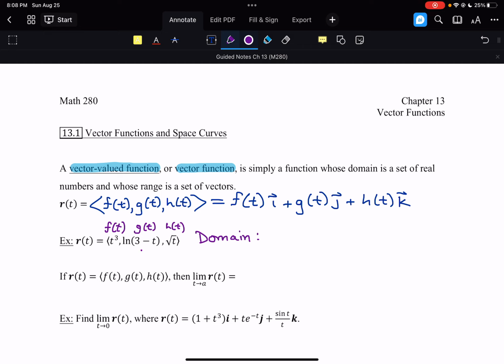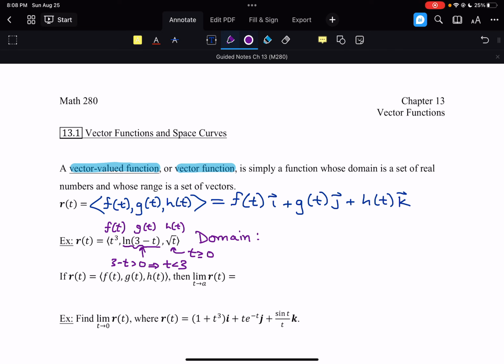So 3 minus t has to be greater than 0, which means that t must be less than 3. That's what this one is telling us. And then the square root, that's the more traditional one. We know that t has to be greater than or equal to 0 because you can't have a negative inside of a square root.